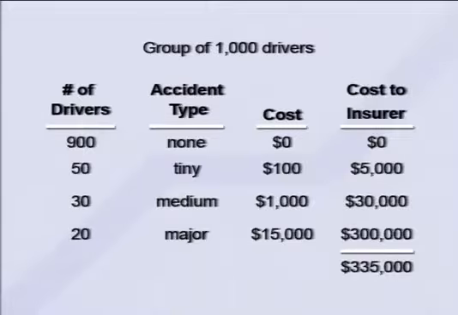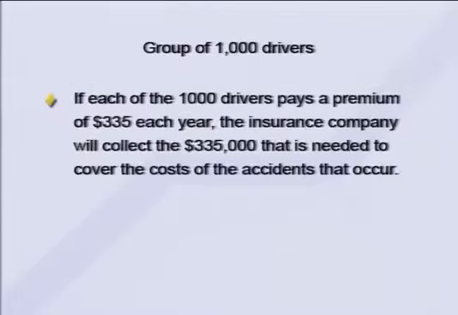Multiply it out, add it up, you get $335,000. So, if each of the 1,000 drivers paid an insurance premium of $335 each year, then the insurance company would collect the $335,000 that it needs to cover the cost of all the accidents that are going to happen.